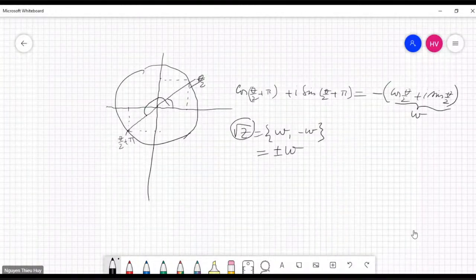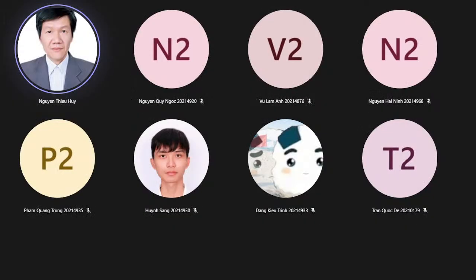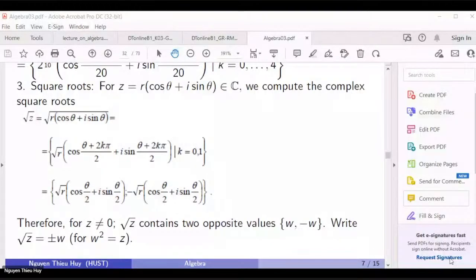And now it is time to return to the slide again. Here I already wrote it on the whiteboard, but now I rewrite it here. When z is not zero, we knew previously that the square root of z contains only two values.